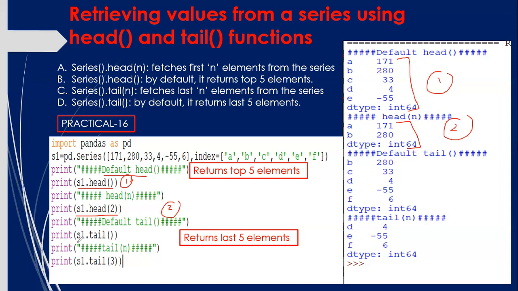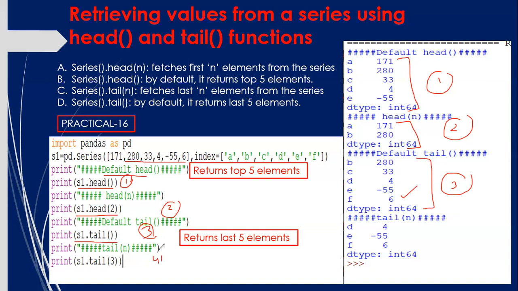Similarly, tail, S1.tail. It will return the last 5 elements. So this is your third example. You can see here, the last 5 elements are being displayed. And if you see this series, we have the last 5 elements as 280, 33, 4, -55, and 6.